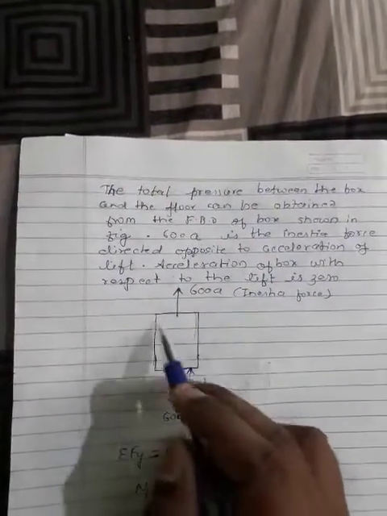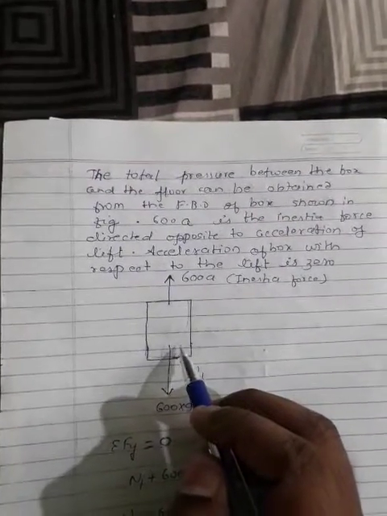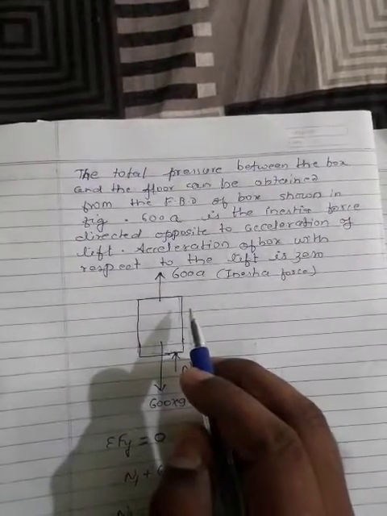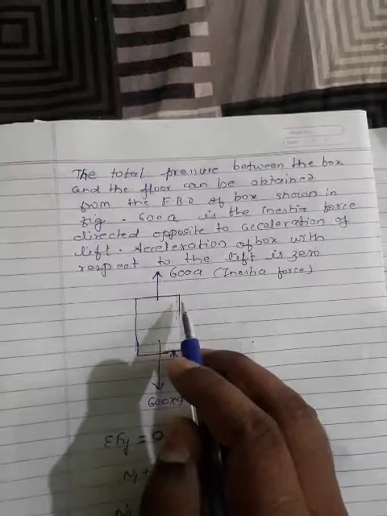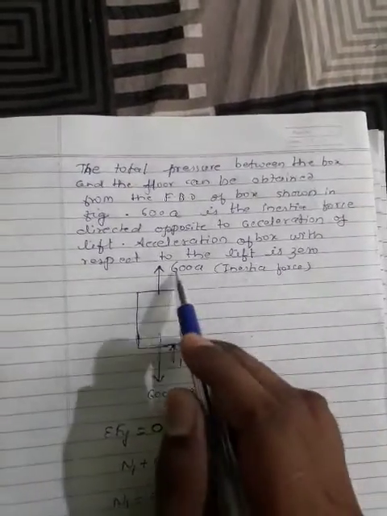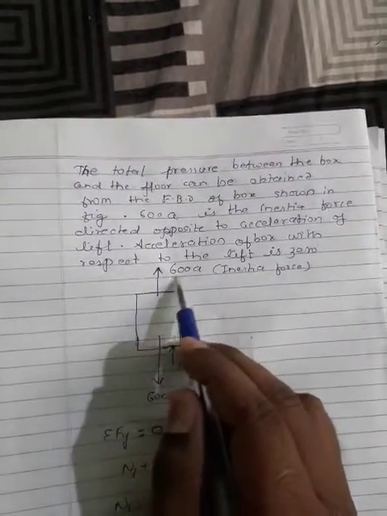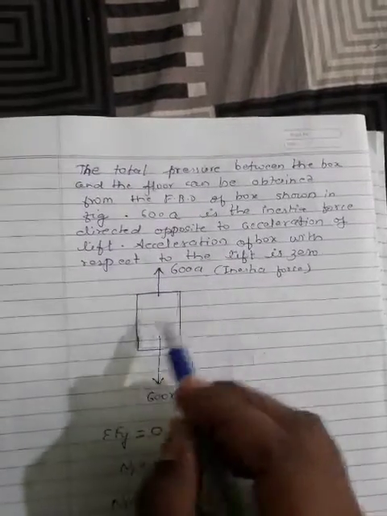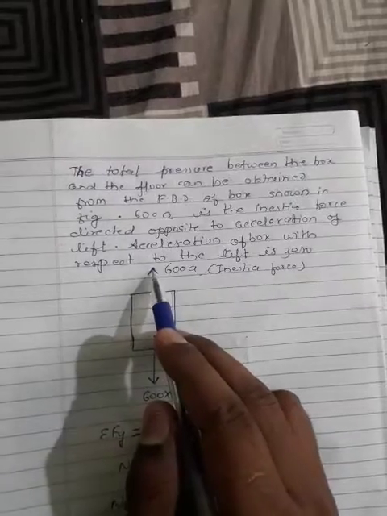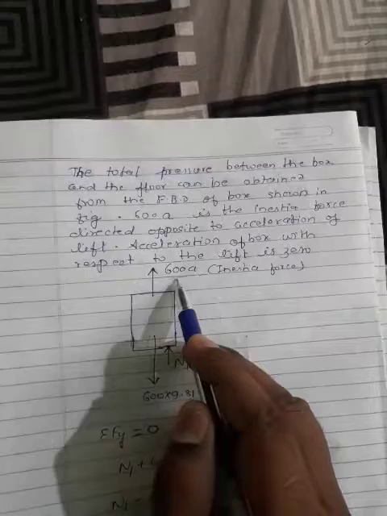As the motion of the elevator is in the downward direction, but every body has a tendency to maintain its state of rest or uniform motion, that is nothing but the inertia force. So inertia force is nothing but mass into acceleration. The inertia force will act on the box, that is mass of the box into acceleration, and since motion is in the downward direction, the inertia force always acts opposite to the motion, so I have shown it by 600 into a.